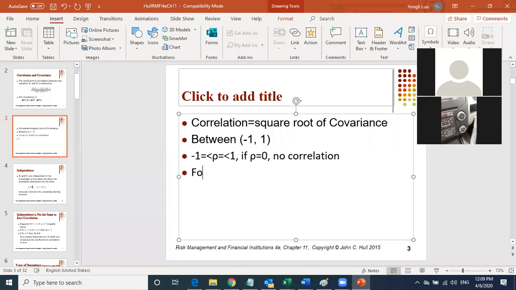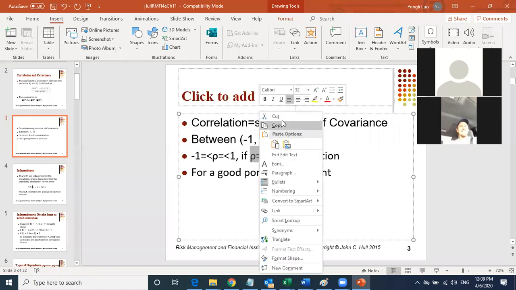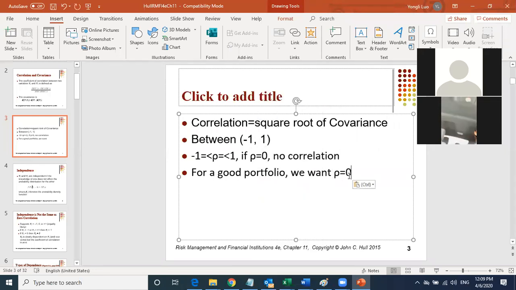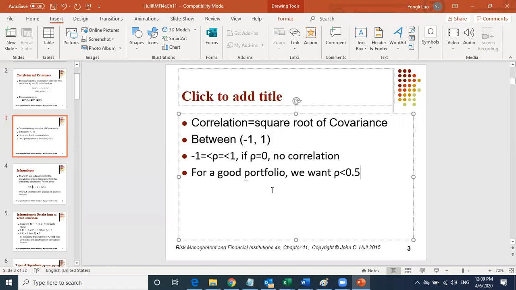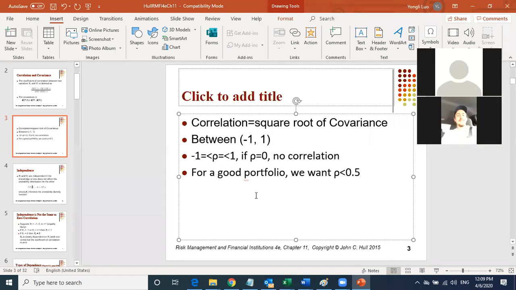For a good portfolio, we want rho, which is the correlation, to be less than 0.5. If you see that the correlation between these two variables is greater than 0.5, that's not good. For a good portfolio, we want the correlation less than 0.5.